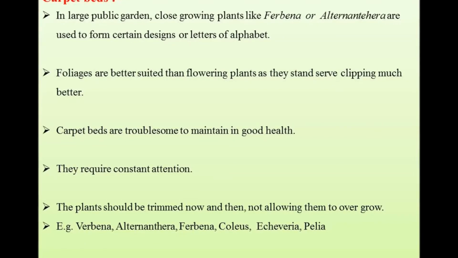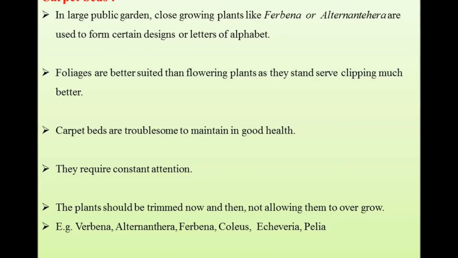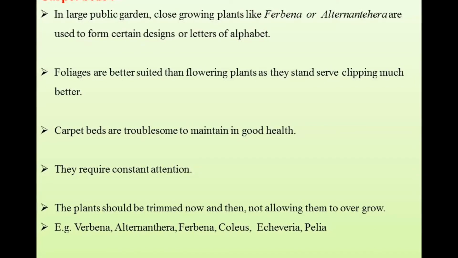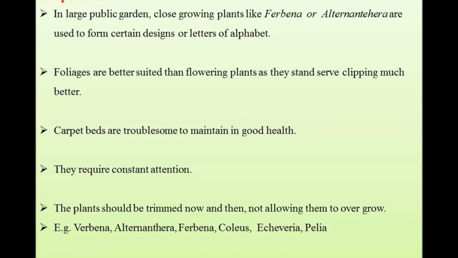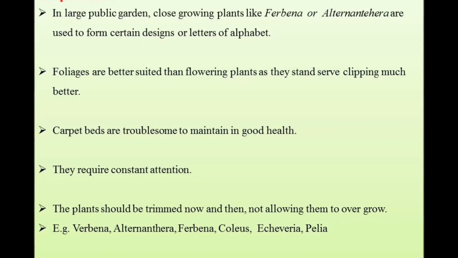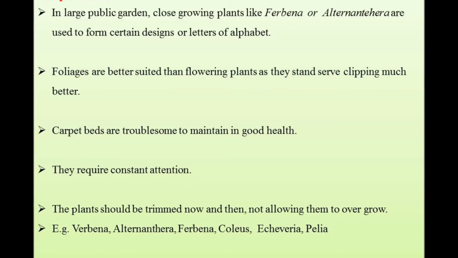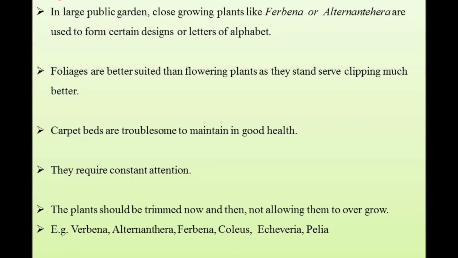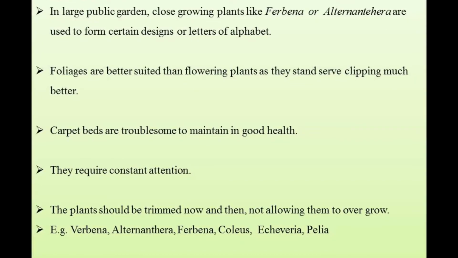But such carpet bedding in a garden is troublesome to maintain in good health. That means it requires more attention and more management. The plants should be trimmed from time to time, and not allowed to overgrow.